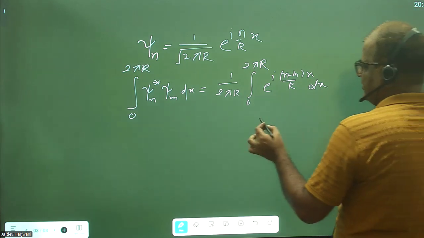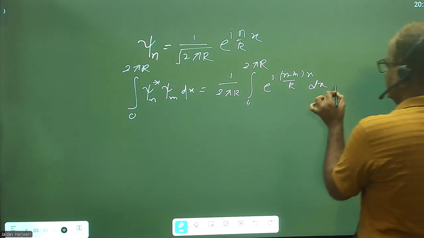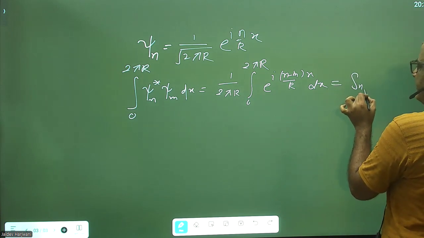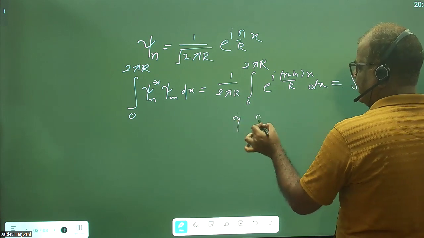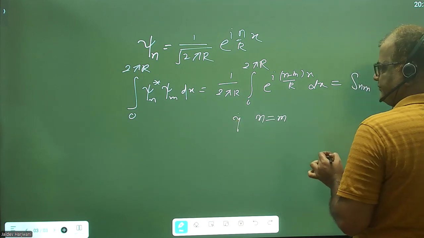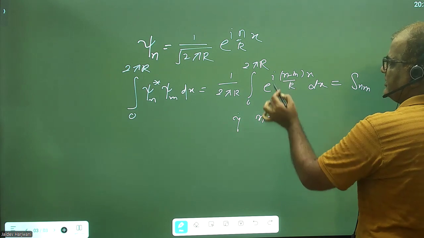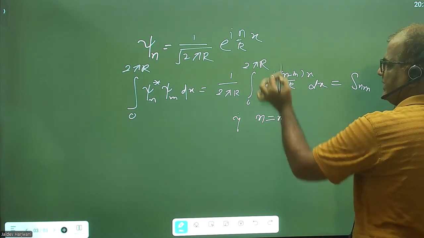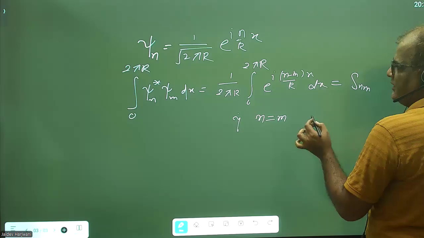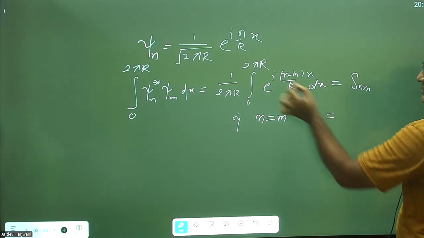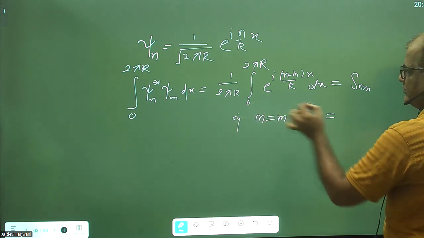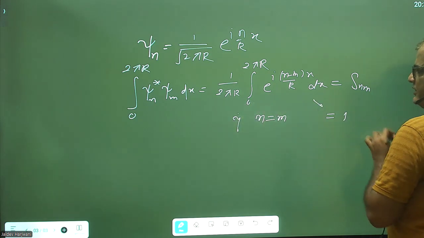Now this has a value delta nm. Why? If n is equal to m, in that case the exponent term becomes 0 and the integral of dx is 2 pi r, so 2 pi r cancels, and this integration has the value 1.